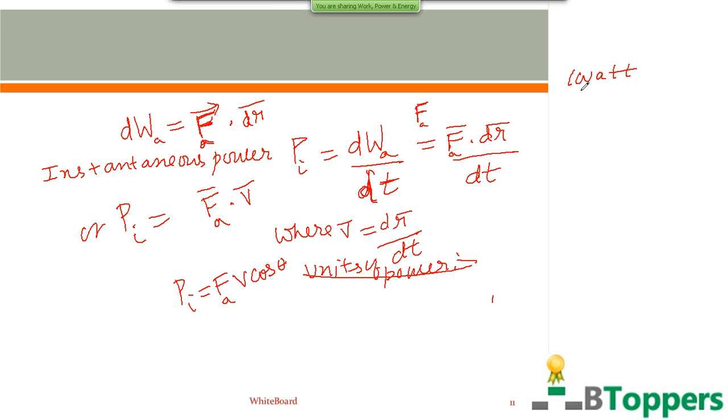Power of an agent is said to be 1 watt if 1 joule of work is done by the agent in each 1 second. So unit of power is unit of work by unit of time. So 1 watt is 1 joule by 1 second. In symbols we write watt as capital W, joule as capital J, second as small letter s.